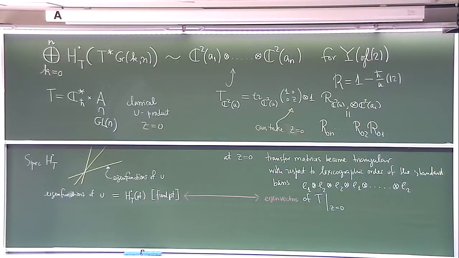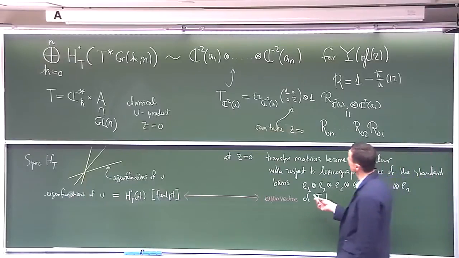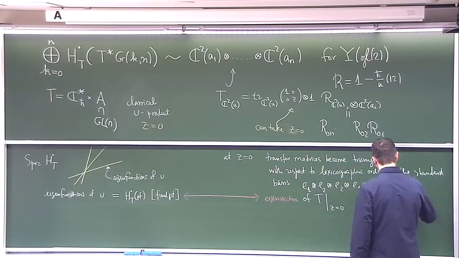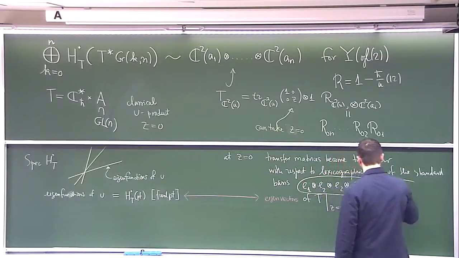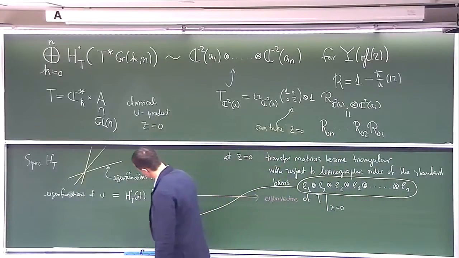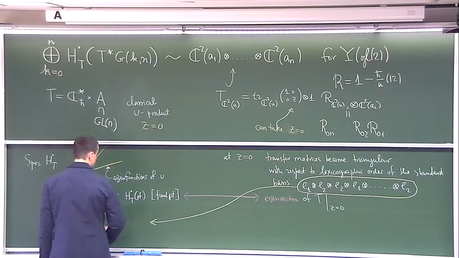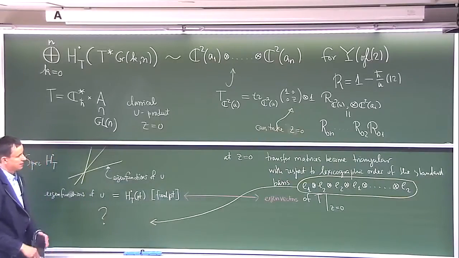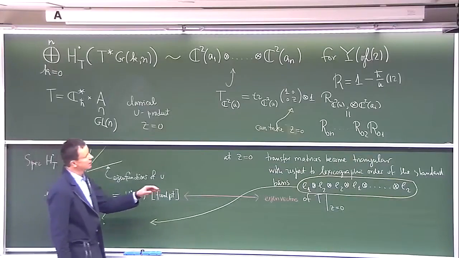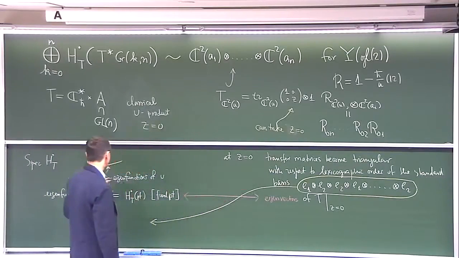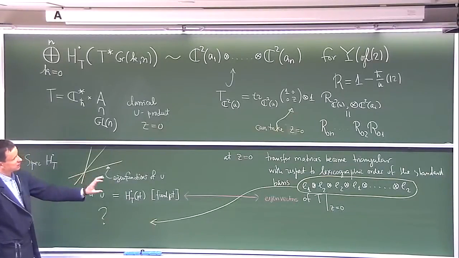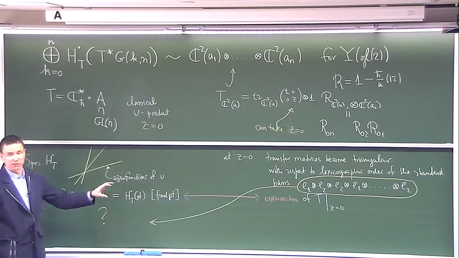But the more interesting question then becomes, if I take this standard basis here, what will it correspond to on this side? In other words, the identification: up to some multiples, we almost know what the identification should be.